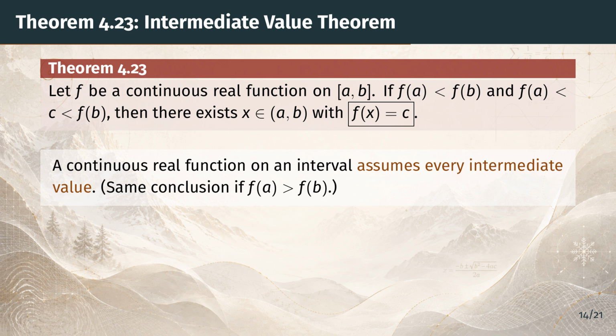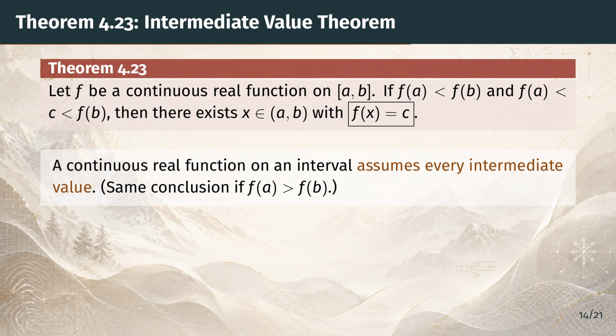In plain words, a continuous function on an interval cannot skip any value between two of its values. It assumes every intermediate value. Of course, the same holds if the function is larger at a than at b. Just reverse the inequality.